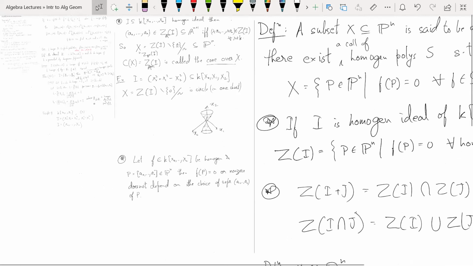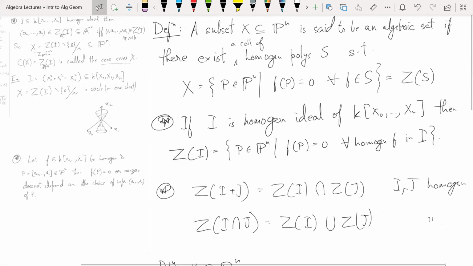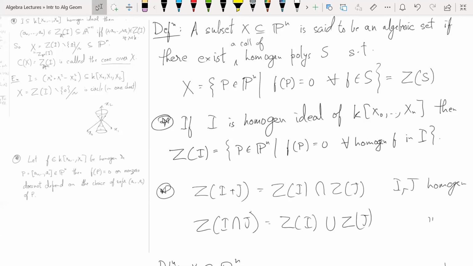So in that sense you can declare X to be the following. A subset X in Pn is said to be an algebraic set if there exists a collection S of homogeneous polynomials such that X is precisely those points in Pn such that F(P) is 0 for all F in S. And F(P) equals 0 makes sense; it does not depend upon which representative you are choosing.